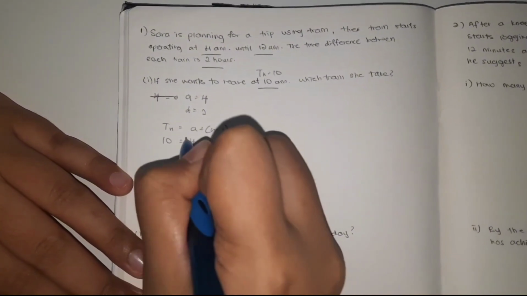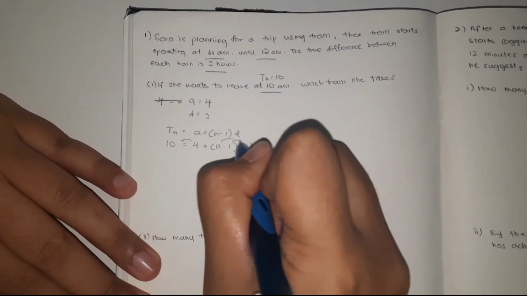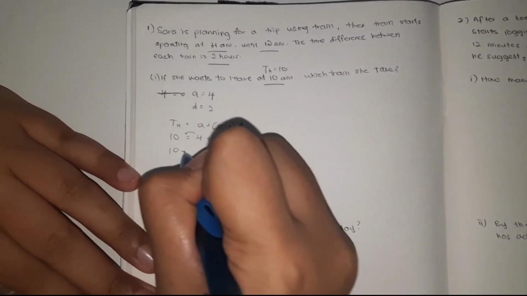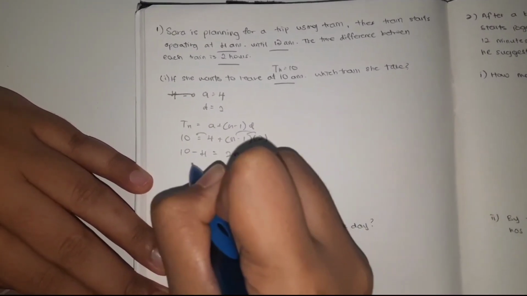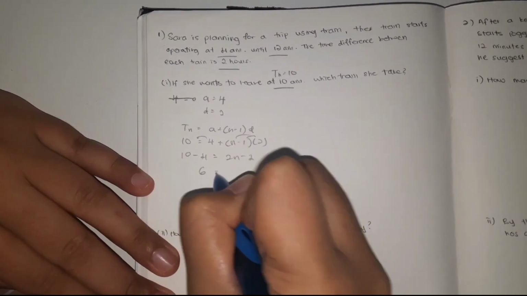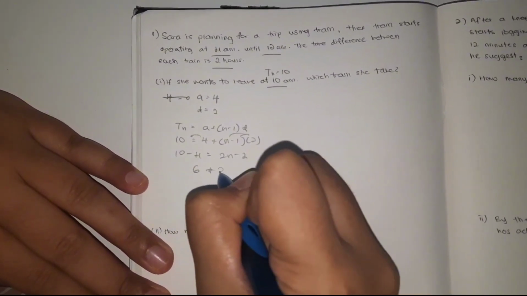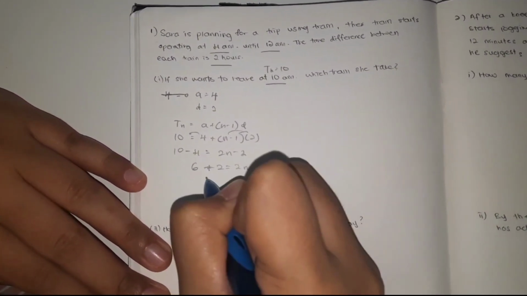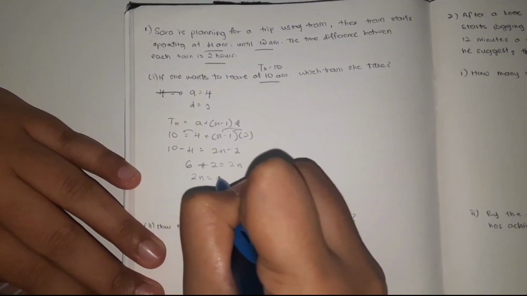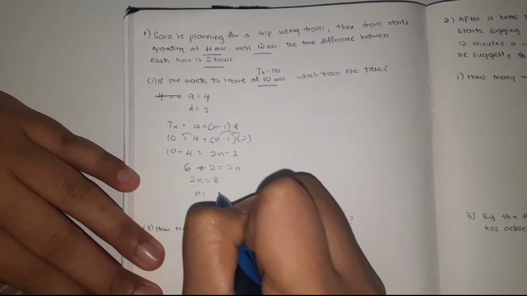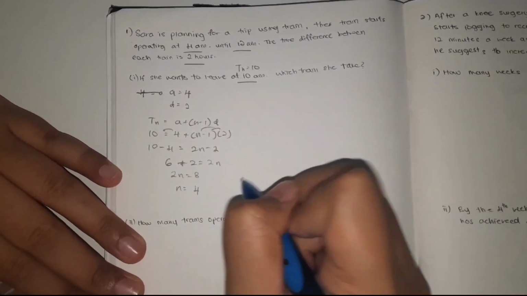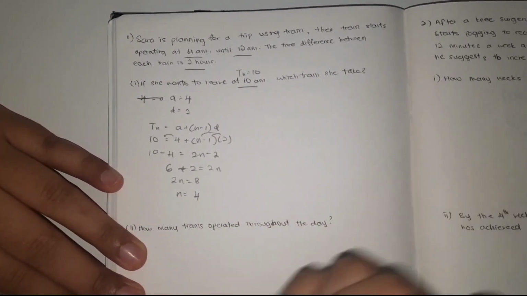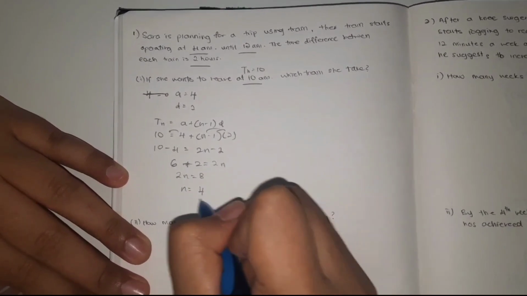We move here and expand. 10 minus 4 equals 2n minus 2. 6 plus 2 equals 2n. 2n equals 8. n equals 4. So the train that Sarah will take is the fourth one.